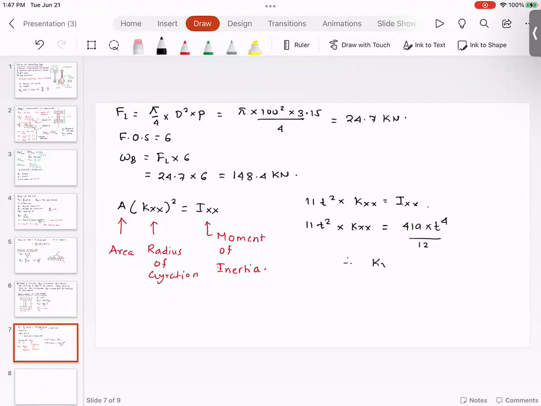So we get a relationship for Kxx in terms of t.